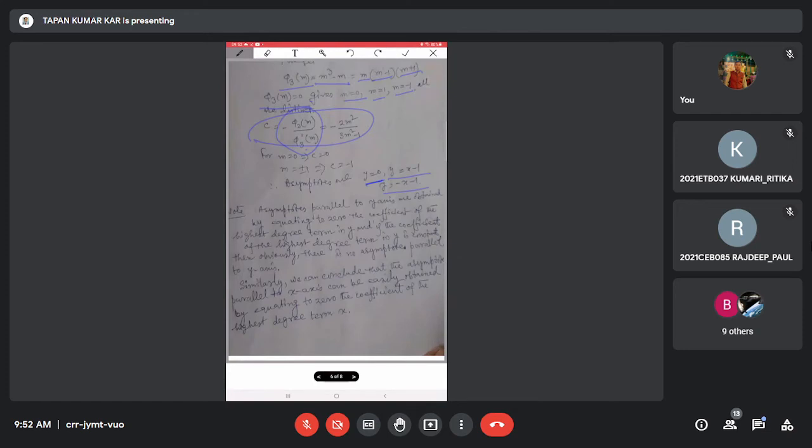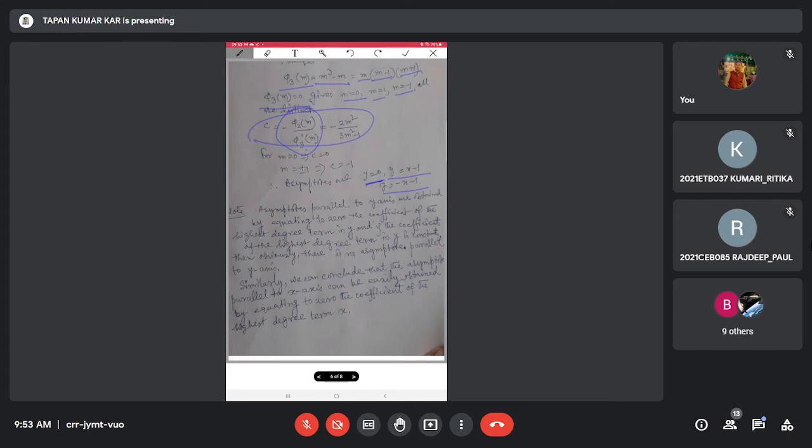The asymptotes that we are getting using the phi n method, we can determine whether they are parallel to the y-axis, parallel to the x-axis, or neither. But in case there are any asymptotes which are parallel to the x-axis or y-axis, then those can be obtained as written in the note.